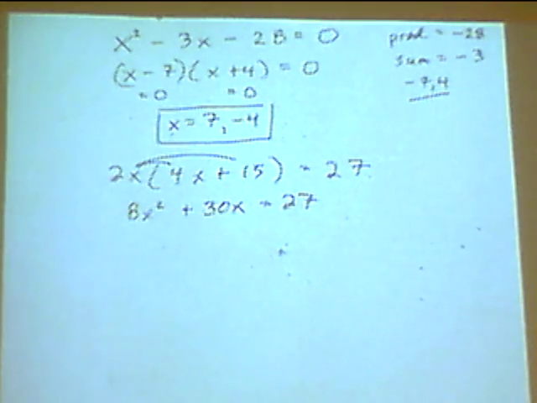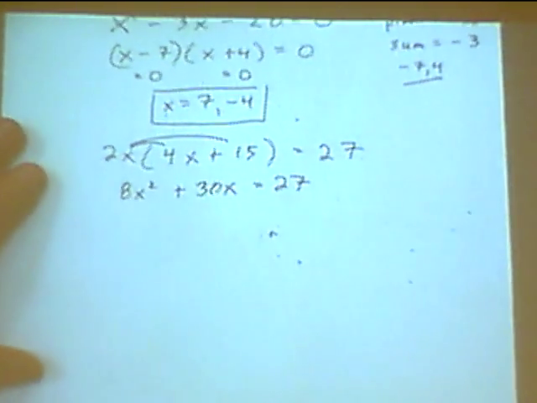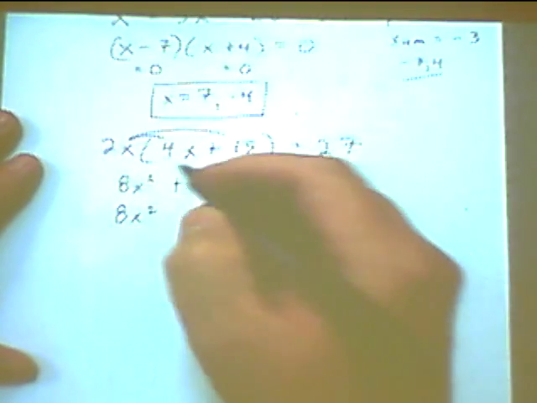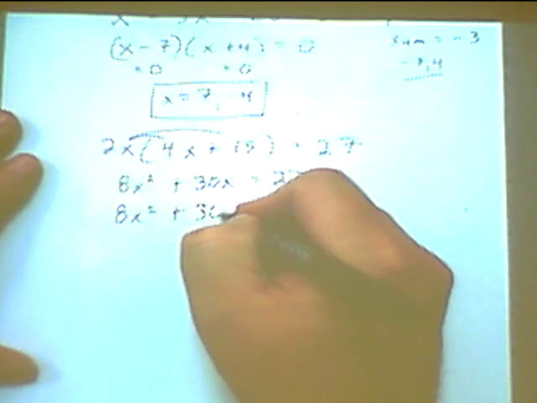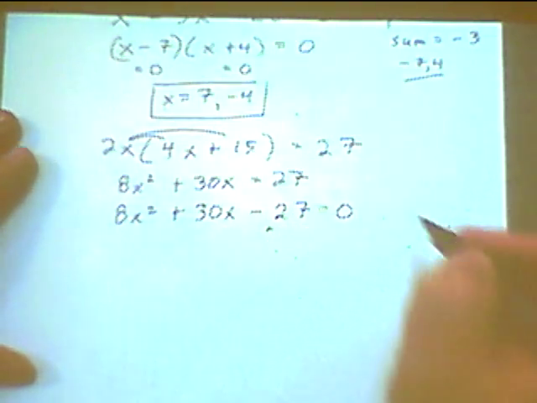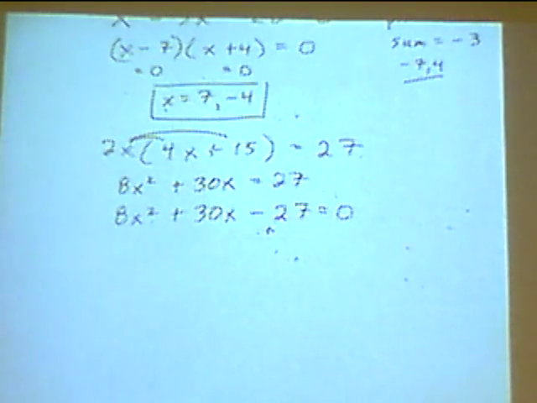Now to solve a quadratic equation by factoring, we have to get everything on one side. So I'll subtract 27 from both sides, and I end up with this trinomial. Okay, so now I need to factor the trinomial.